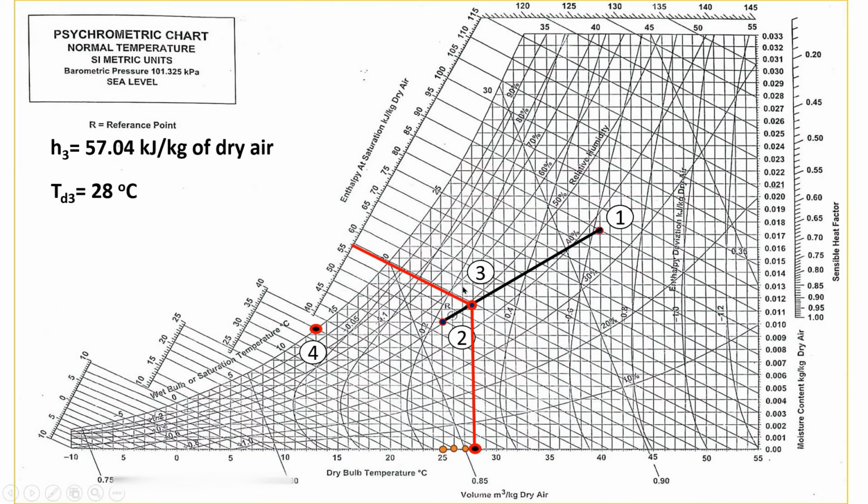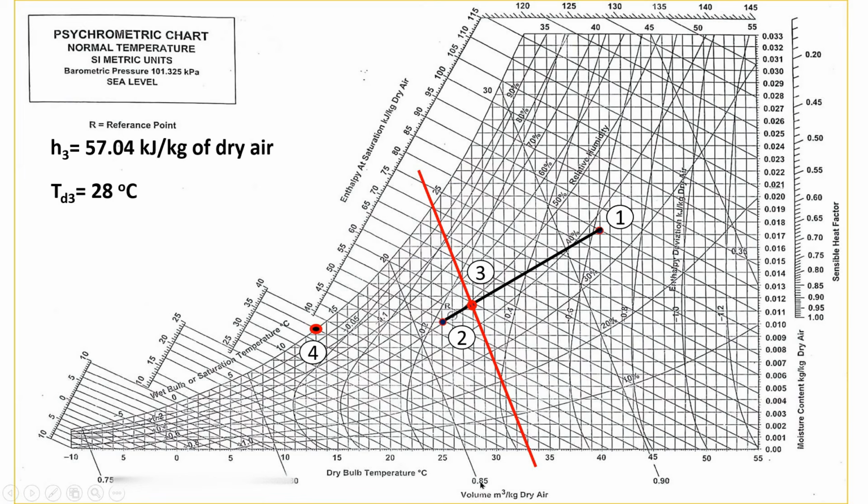Now we have to find the specific volume at this point 3. This inclined line is a constant specific volume line, and its value is 0.85 meter cube per kg of dry air. Then this line is for specific volume equal to 0.90 meter cube per kg of dry air, and we have to find the specific volume at point 3. So we will draw a line parallel to this constant specific volume line from point 3 like this, and we will read the value of specific volume for this line.